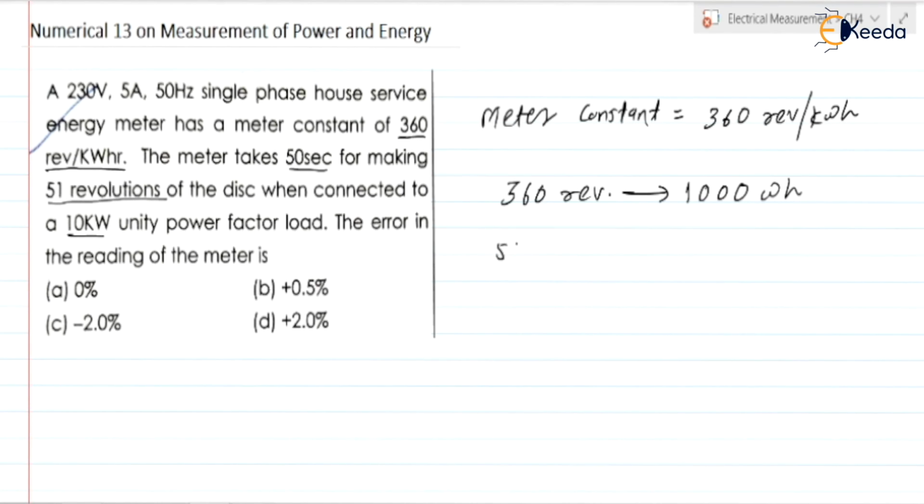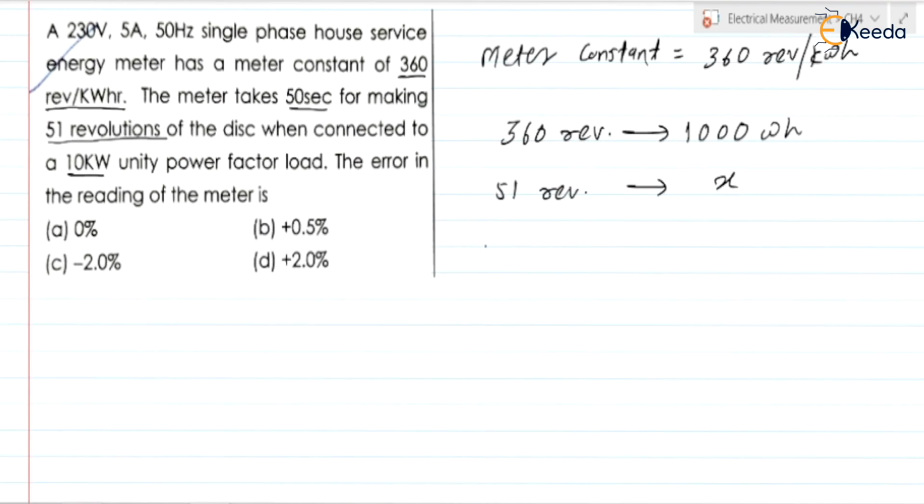For 51 revolutions, can we check how much is the energy consumption? Therefore, the energy recorded by the meter, x, is equal to 51 into 1000 divided by 360, so it is 141.67.